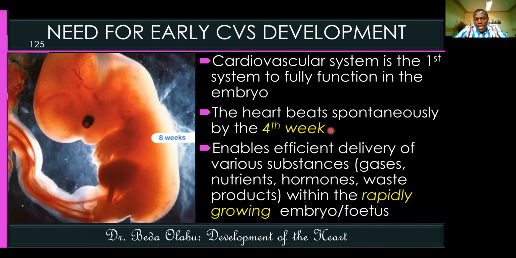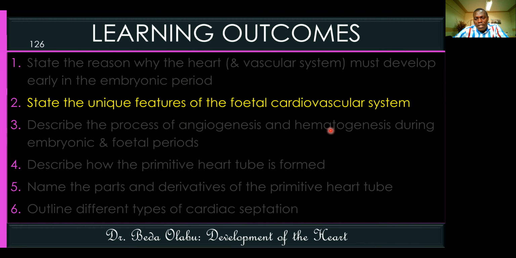Diffusion alone cannot meet this demand. If the tissues are growing so fast, diffusion alone cannot meet the demand of transporting substances. And that's why the cardiovascular system develops so early in embryonic life.